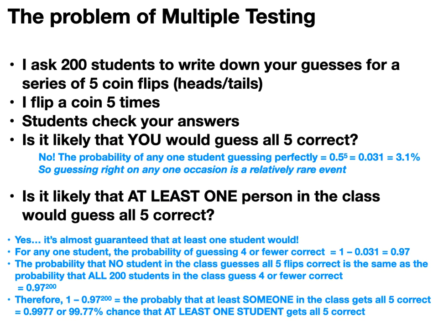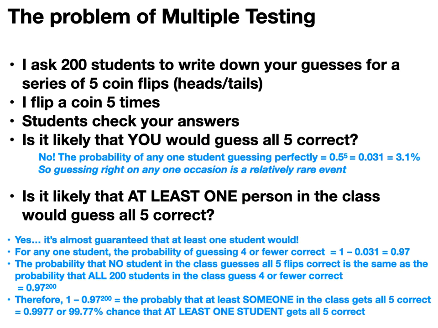So that's the probability of you guessing something less than 5 correct. The probability that no student in the class guesses all 5 flips correct is the same as the probability that all of the students in the class get 4 or fewer correct. And so we can calculate that by taking 0.97 multiplied by itself 200 times.